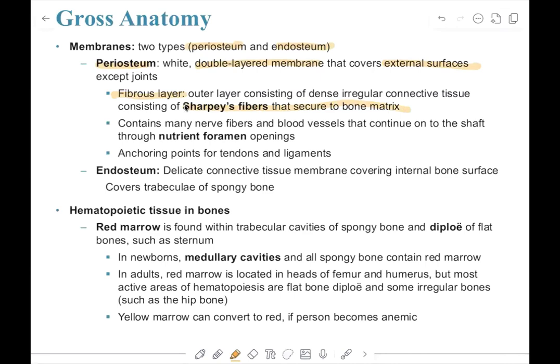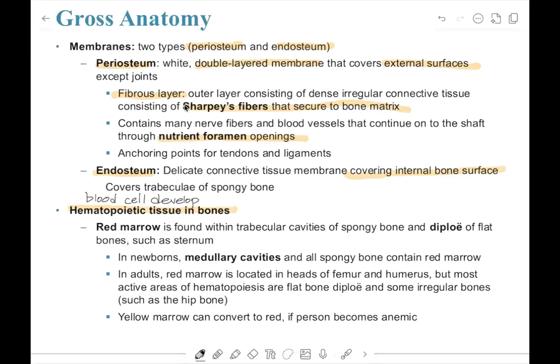It contains nerve fibers and continues on to the shaft through the nutrient foramen opening. And then the inner membrane is the endosteum, which covers the internal bone surface. Within the tissue is hematopoietic tissue. This means it has the ability for blood cell development.